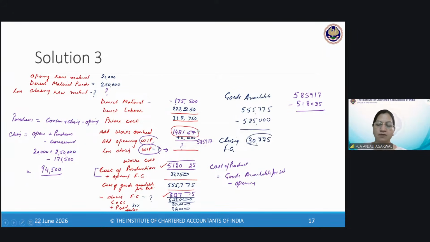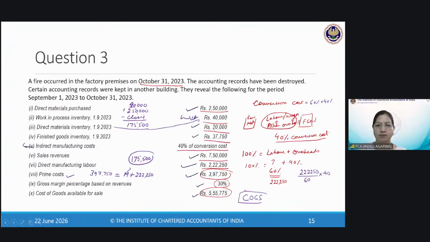How do you calculate the works overhead? For that, this information is given that manufacturing or works overhead are 40% of the conversion cost. Conversion cost means labor and overheads. So if 40% is overheads, labor is 60%, and labor is given as 222,250. So if 222,250 is 60%, what is 100%?